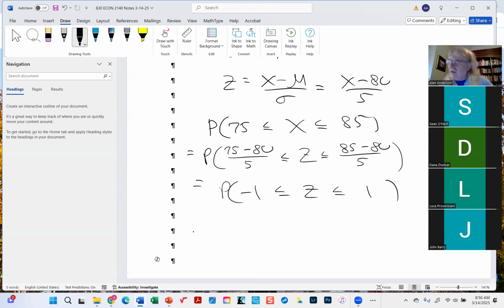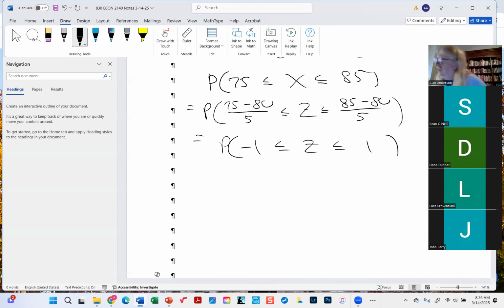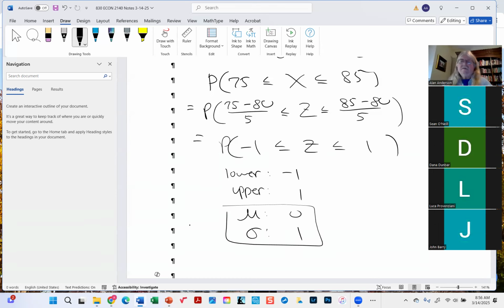Okay. And so now if you go into your calculator, you'll see something interesting. Let's try this. Why, it's 0.6827. What a coincidence.